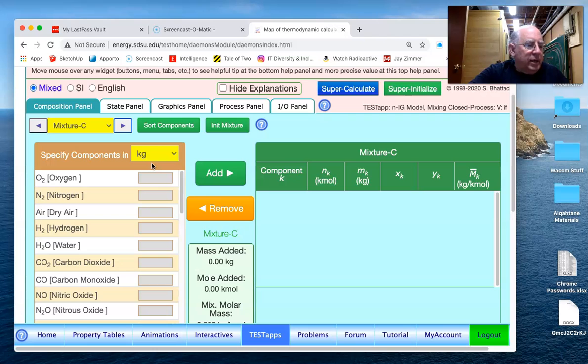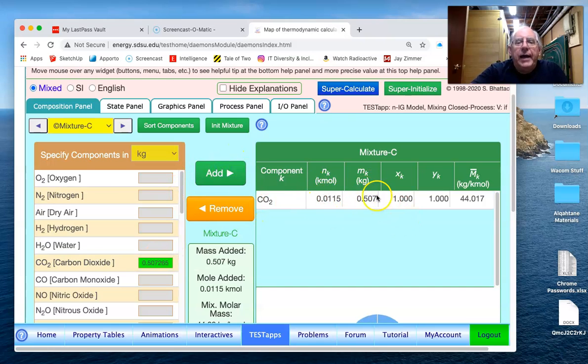And what we know is that in mass units, our CO2 is going to be equal to 1.01453. That's the total mass, times the mass fraction, which was 0.5. And so when we put that in, that's our first amount of mass. It's about 1/2 kilogram. It's half of the total of mixture A.